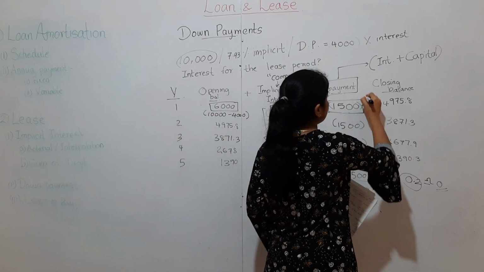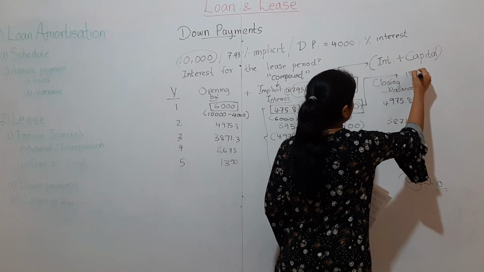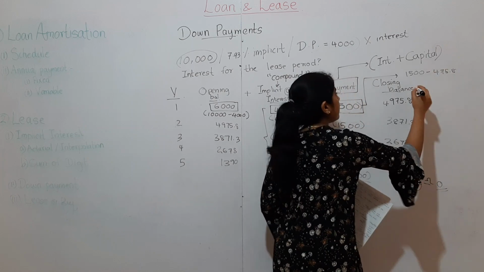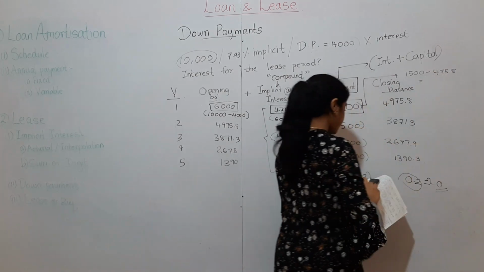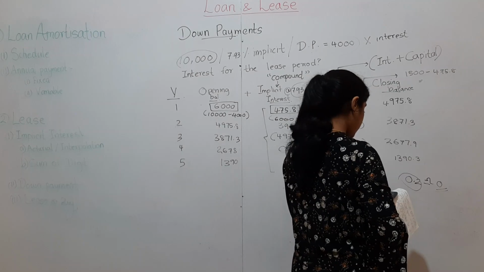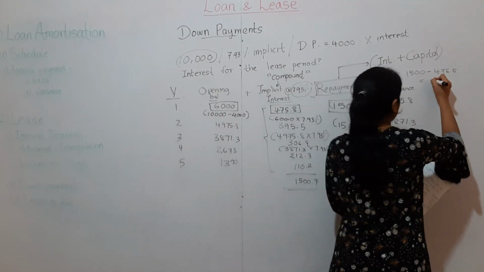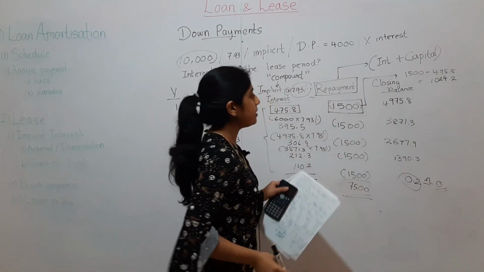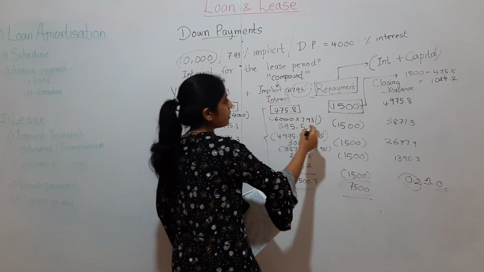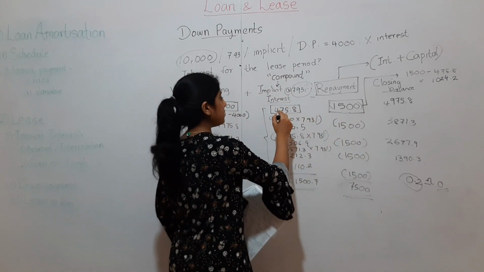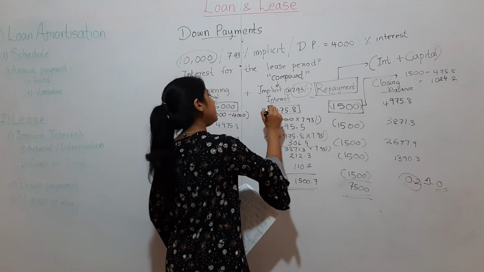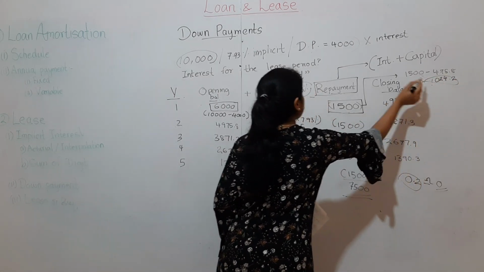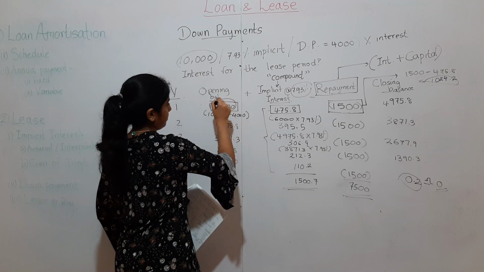So for this year it will be 1,500 minus 475.8, and what is the amount? 1,024.2. So this 1,500 includes 475.8 worth of interest and 1,024.2 worth of capital.